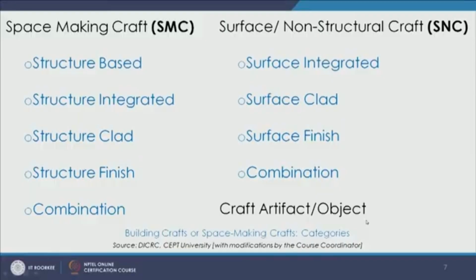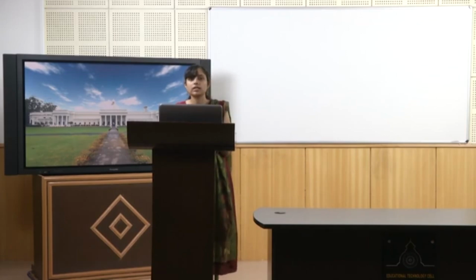And then this categorization that we saw in the last module, where we were talking about the space making craft, which is largely structural, and we are talking about non-structural or surface crafts. Now once we have brushed up with these, it would become easier for us to see some projects and interior architecture related examples through which we can understand them in detail. That's what we are trying to do now.